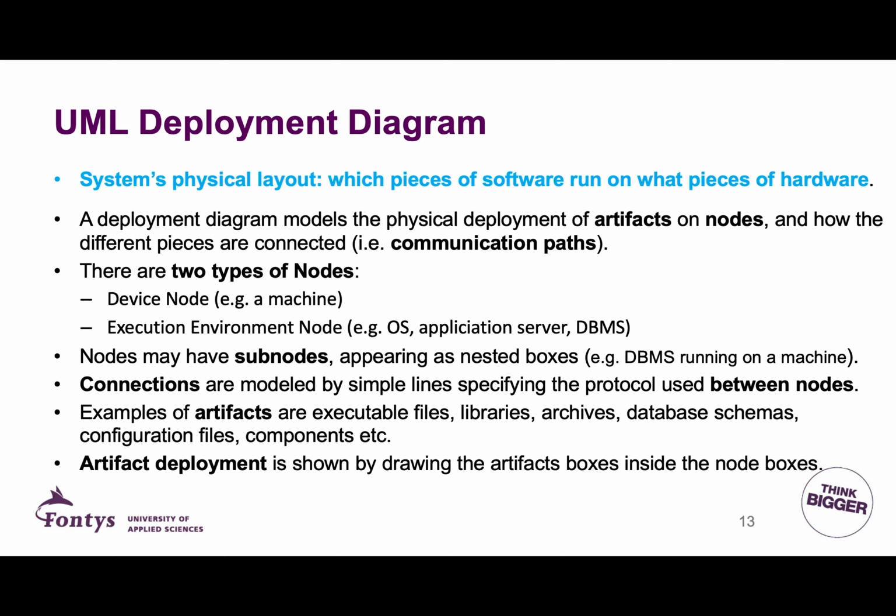The first one is a device node, for example, simply a machine, a server, a computer, and the execution environment node, for example, an operating system, an application server, or a database management system. So nodes can have subnodes, you just nest them. So a database is running on a specific machine, you nest these, of course, and you see on which hardware, which machine, the database management system is running.